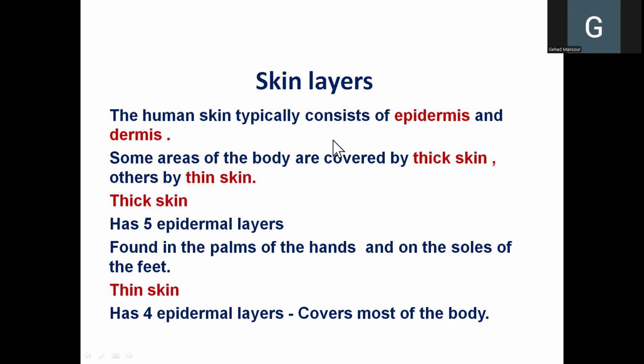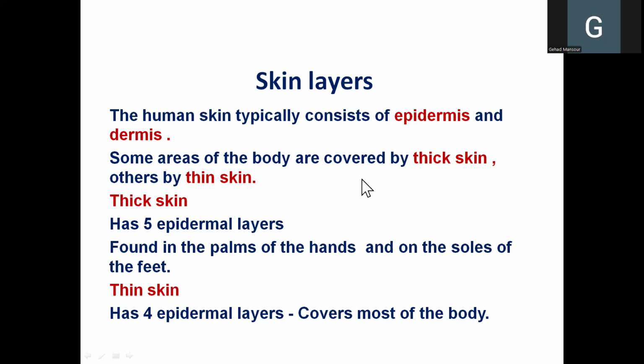As we said before, there is also a layer underneath that is called hypodermis, and hypo means under, but that layer is mostly, in most references, not considered an essential layer of the skin. So essentially, we can say that the skin consists of the epidermis and the dermis.